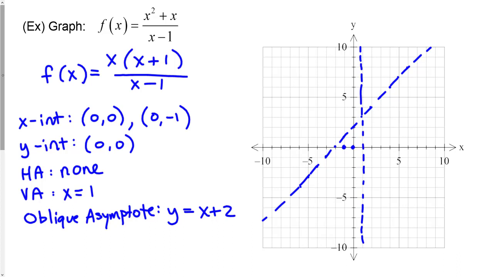Now, when it comes to graphing, these asymptotes guide your function. So again, it comes down to either a graph could be on this interval, this piece, or this piece.